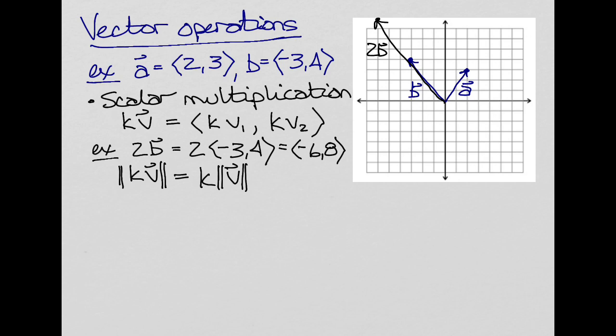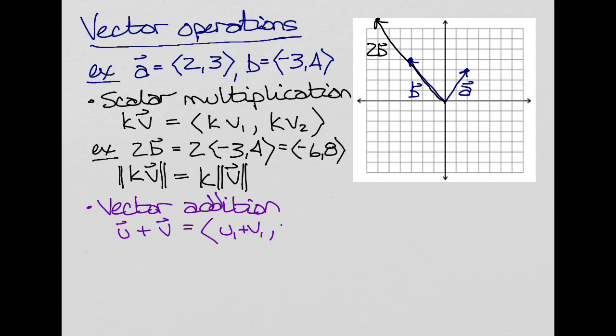Something else we can do with vectors, we can add them. We're going to add vectors component-wise. So if I have u plus v, I'm going to add the x coordinates together, and I'm going to add the y coordinates together.